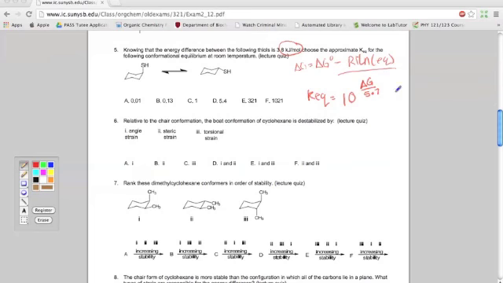Okay, so this is a shortcut equation. Whenever you see something like this, use this equation. The delta G that you're going to plug in is the 3.8. So it's going to be 10 to 3.8 divided by 5.6. And when you do the approximation value for that, you get D.